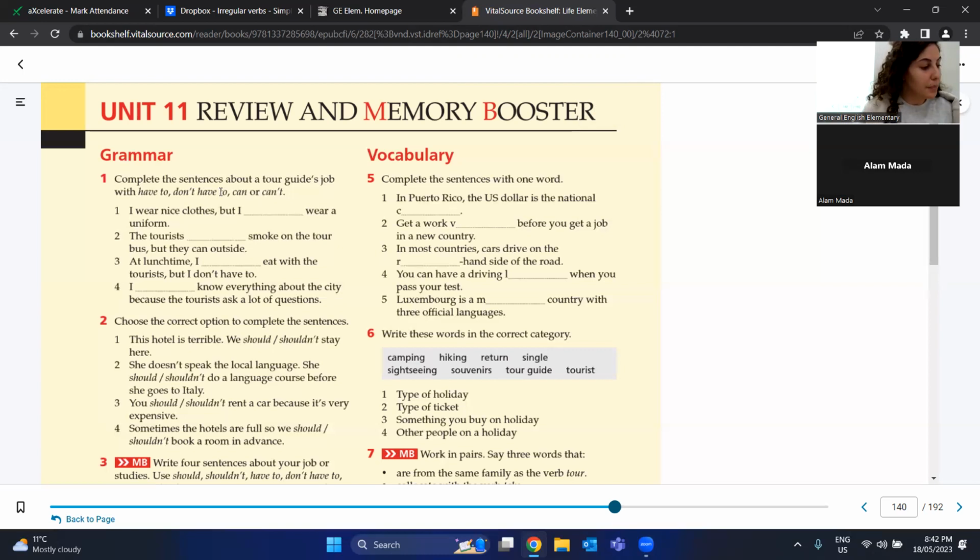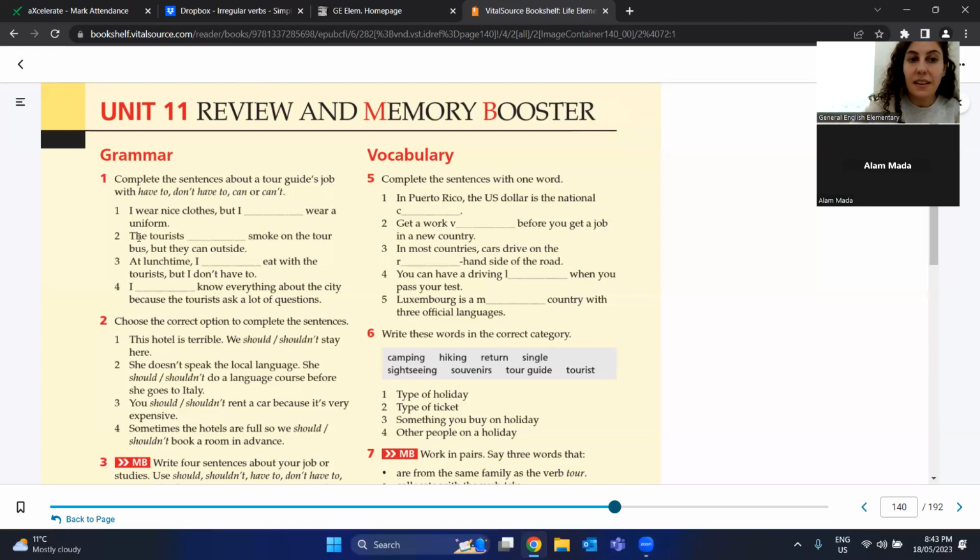Yeah, because we've got the but I don't have to. When something's important, we say they have to do something. But if there's an option, we say can. Like if you want, you can use my pen.